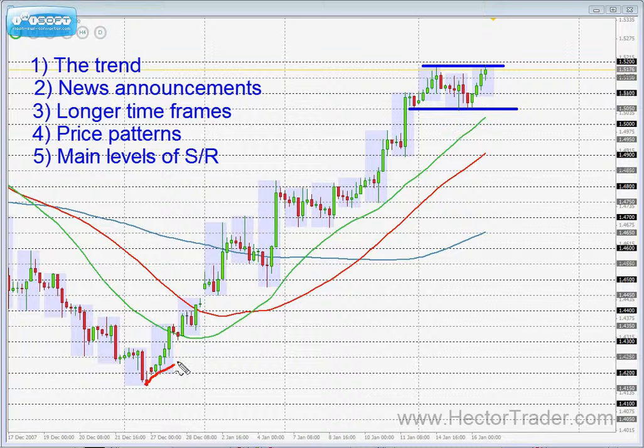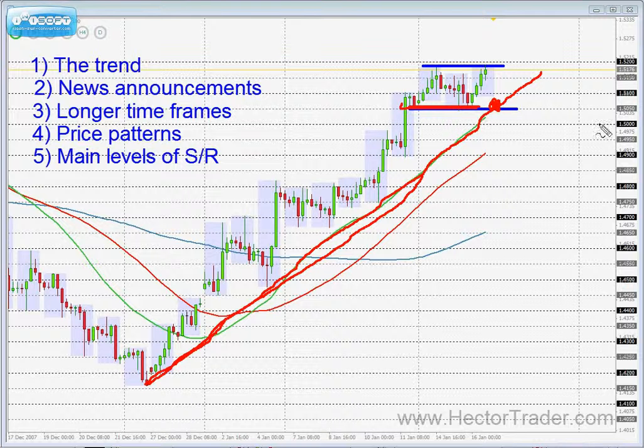Moreover, we have a clear uptrend. Actually, let me draw that properly. There we are. That's an uptrend line, a rather clear uptrend line, which comes at the same level as this double bottom I was just talking about.